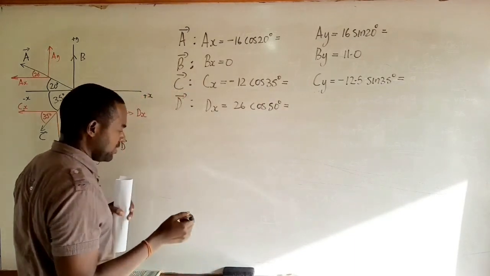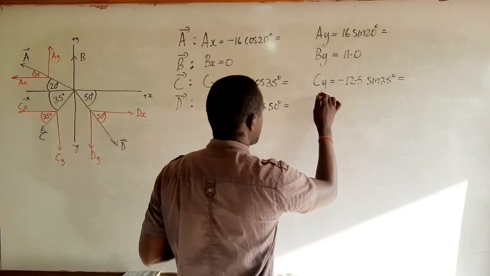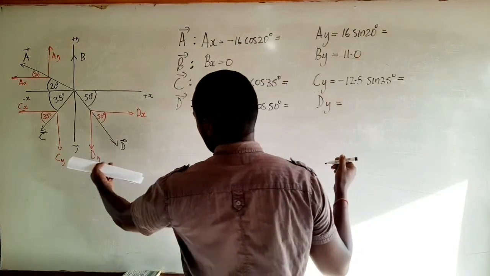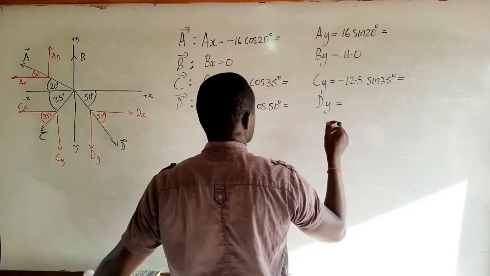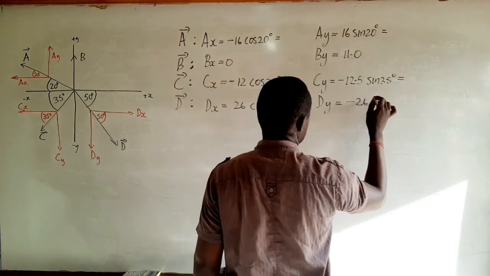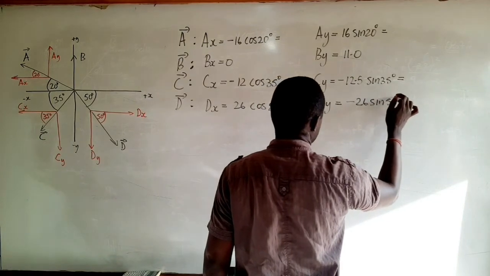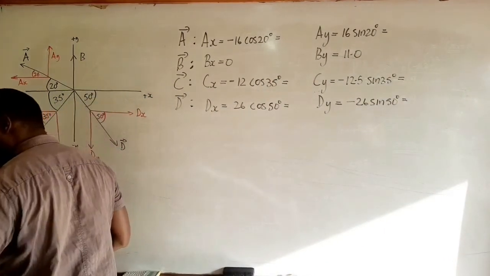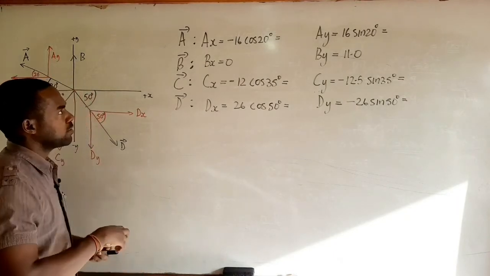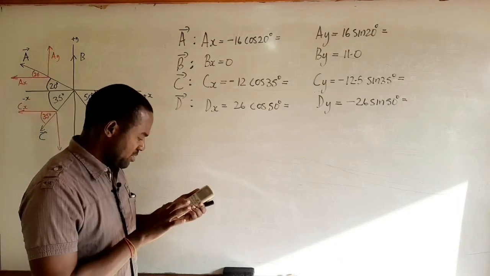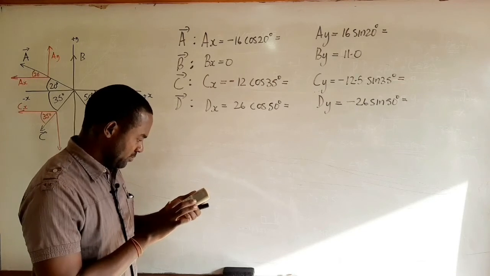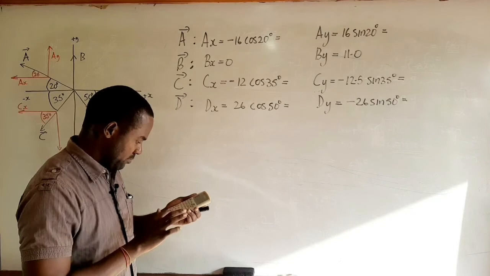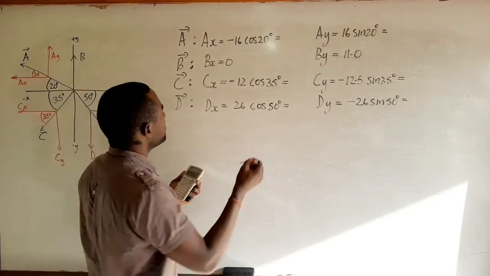And lastly, dy equals minus 26 sine 50 degrees. So we'll now work out the magnitude of these components, right? So Ax is 16 cos 20, so this is minus 15.0.